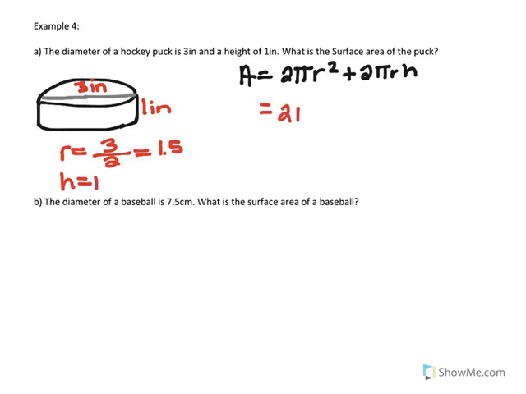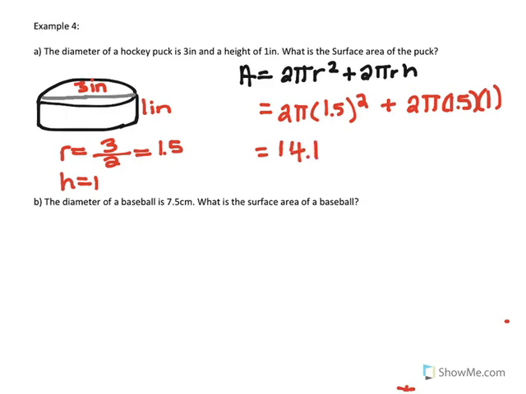So we'll plug that in as 2 times pi times 1.5 squared plus 2 times pi times 1.5 times 1. And we should get 14.1 and 9.4. Add those together and we would get 23.5. Our unit is inches squared.